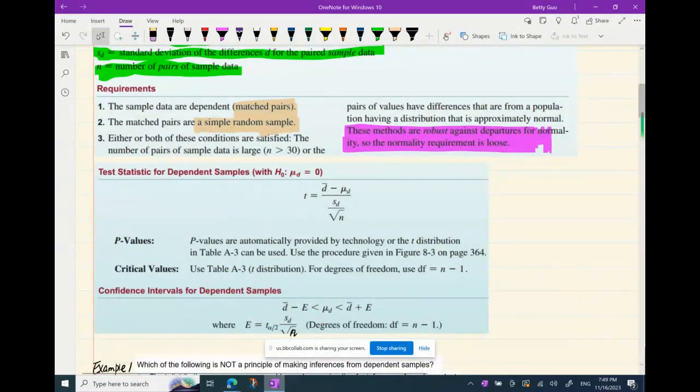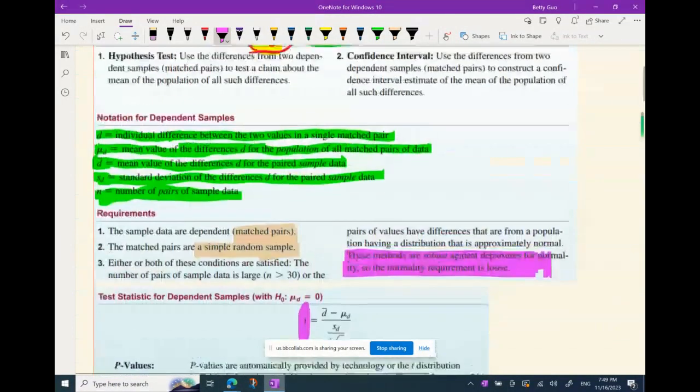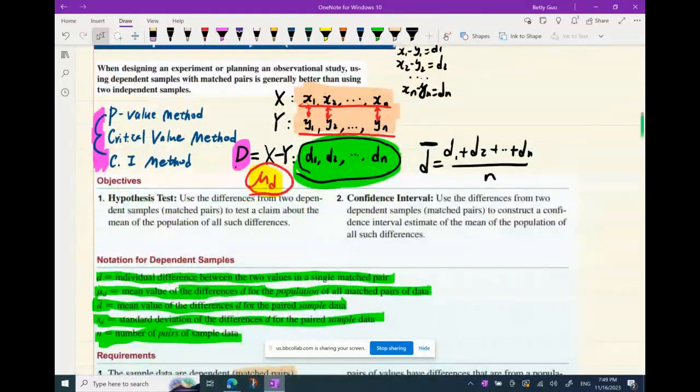An important thing about the hypothesis test for mu sub d is what type of distribution it is going to involve. It's the t distribution. When we talk about 2 samples, but they are dependent, and we are testing the claim regarding mu sub d, we actually only have 1 sample.